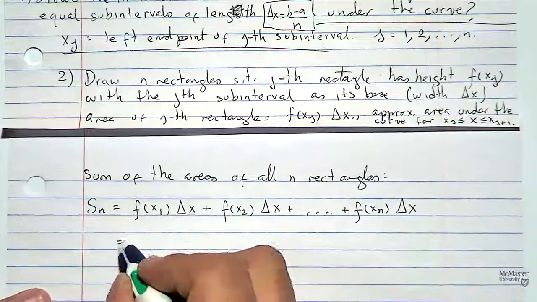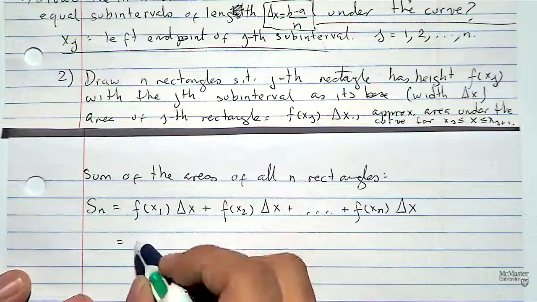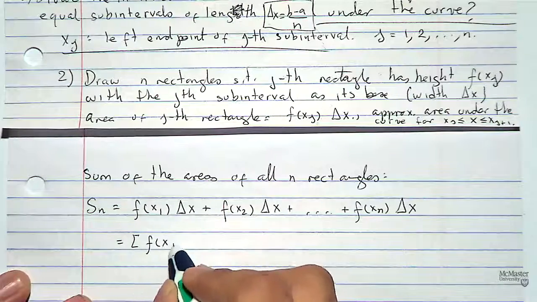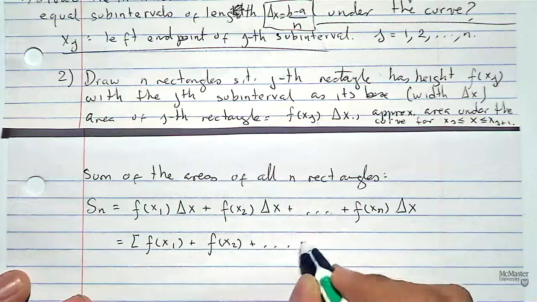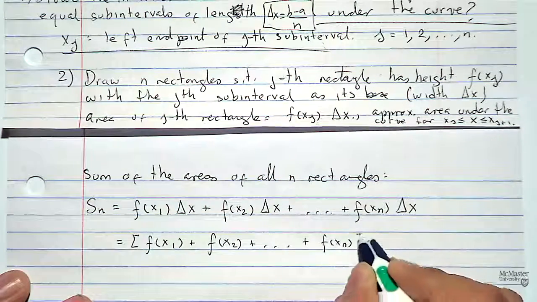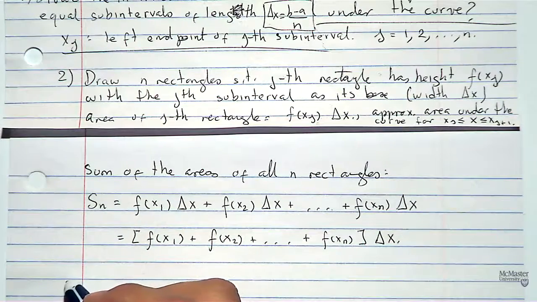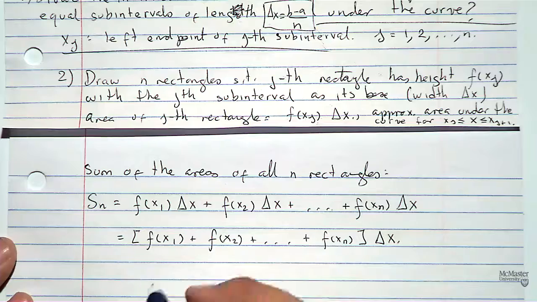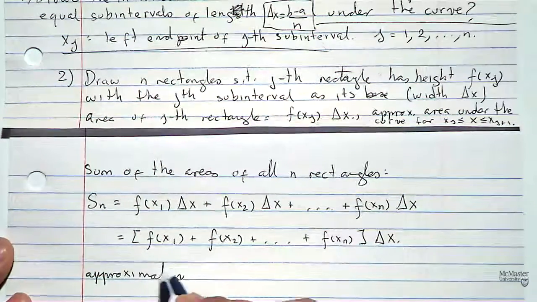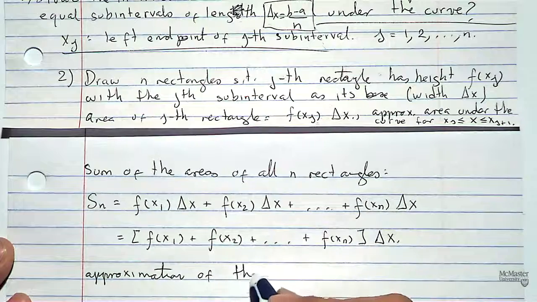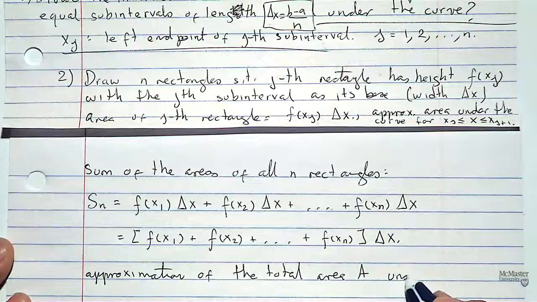Of course, the delta x is a common factor because I have chosen the subintervals of equal length, so I can factorize, and this is equal to the sum of f(x1) plus f of x2 plus and so on, plus f of xn, times delta x. And that is an approximation so far. It's an approximation of order n if you want, of the total area A under the curve.